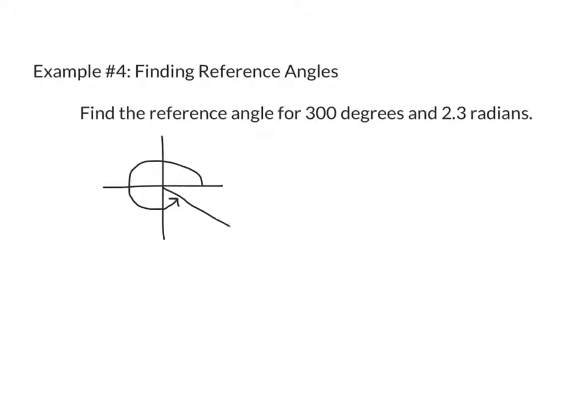To find the reference angle means what is this length here, which I'll call theta, that will get me back to the x-axis, right? Because when we talk about reference angles, we care mostly about the x-axis. So how many more degrees would it take me to get to where I need to be?